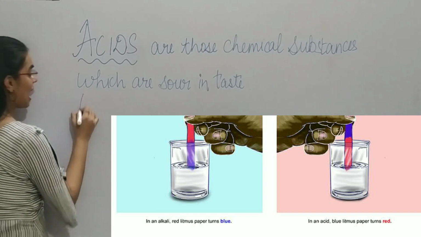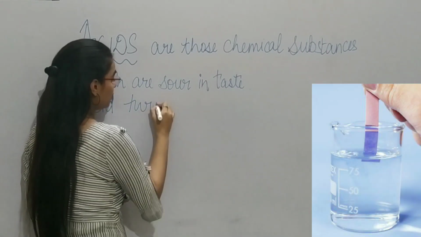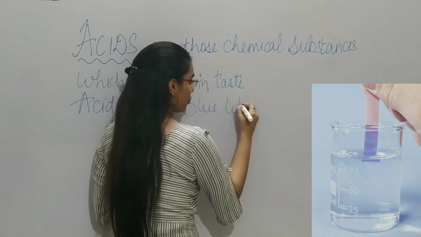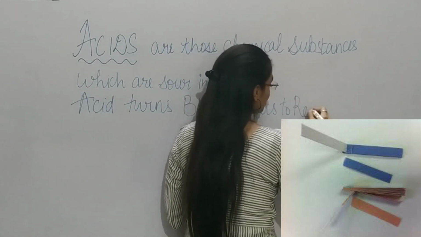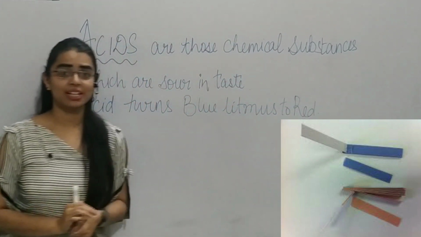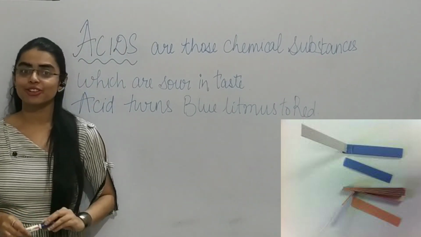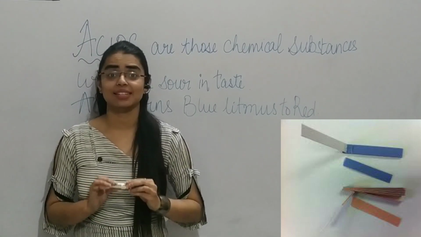I told you, acid turns blue litmus into red. Now friends, as I already told you, litmus paper consists of two types, the blue litmus paper and the red litmus paper. So how to identify whether a substance is an acid?